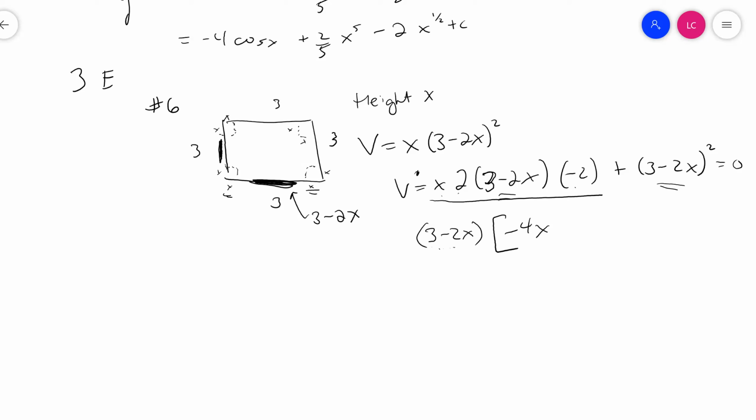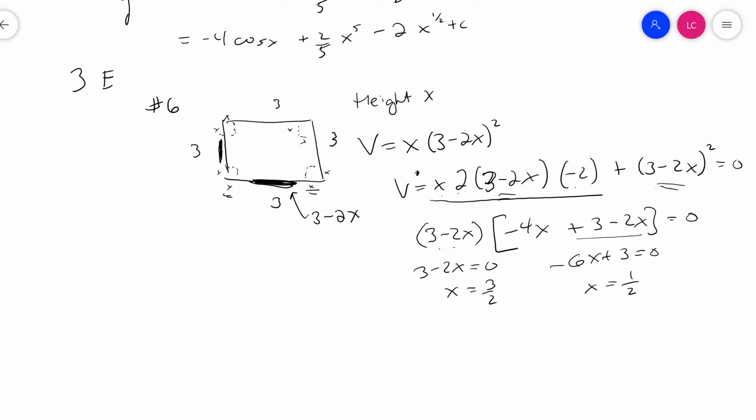If I factor 3 minus 2x out of this term, I get one more 3 minus 2x term. All right, so I get 3 minus 2x is equal to 0. And if I join these together, I get negative 6x plus 3 equals 0. So this gives me x equal 3/2, and this gives me x equal 1/2.